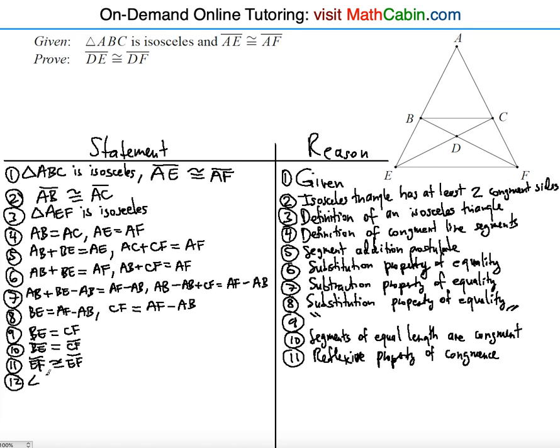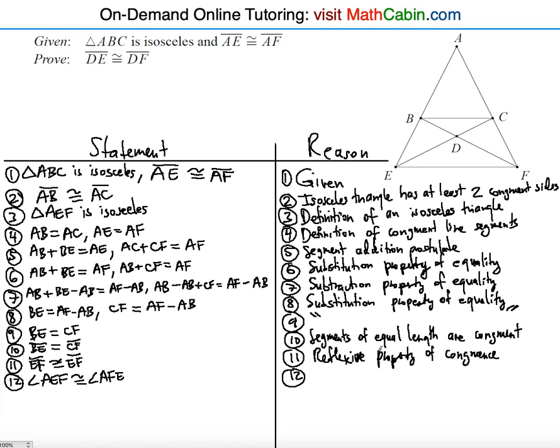So angle AEF is congruent to AFE. Okay, so these two angles are congruent. And by the way, you could say it as well as BEF is congruent to CFE, right? Because the first letter doesn't matter, the angle does not change. It's still that angle that you're talking about, right? So you could do it either way.